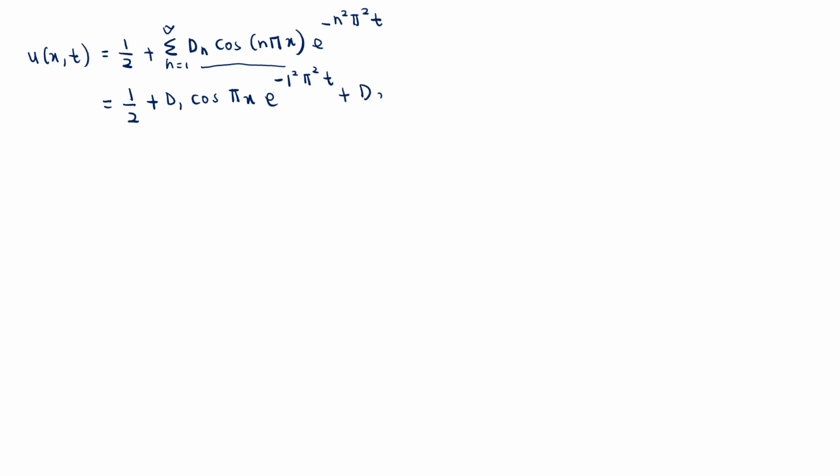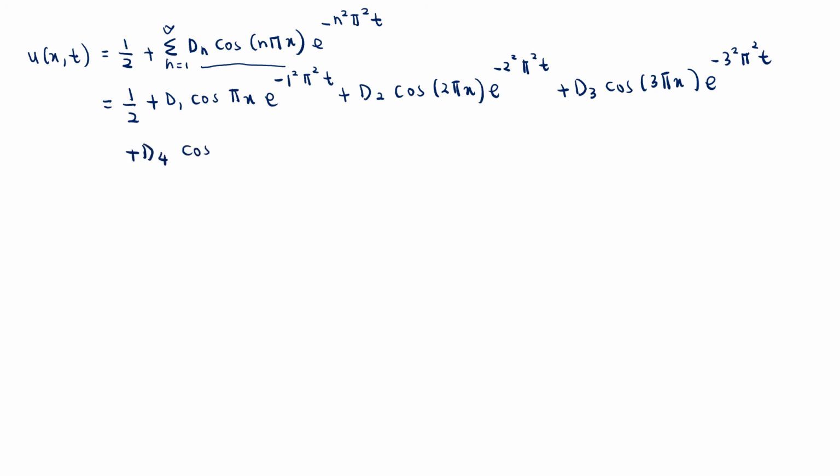And when n equals 2, plus when n equals 3, and the last one when n equals 4. So we substitute d1, d2, d3 from the formula for dn.